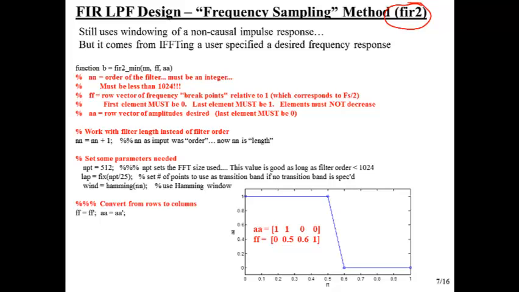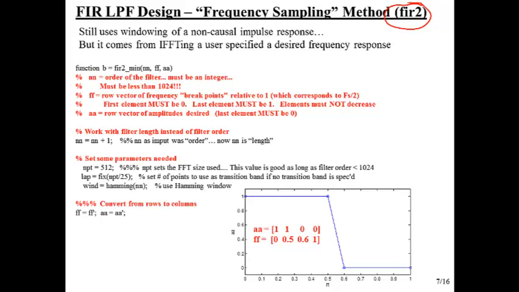Whereas with FIR1, you're kind of stuck with low pass, high pass, band pass, band stop. They've got those prototypes built in. But here you can get very creative, as we'll see in an example, and it will actually try to create the filter to match whatever type of shape you're looking for.